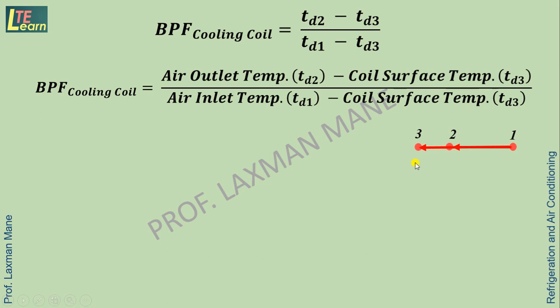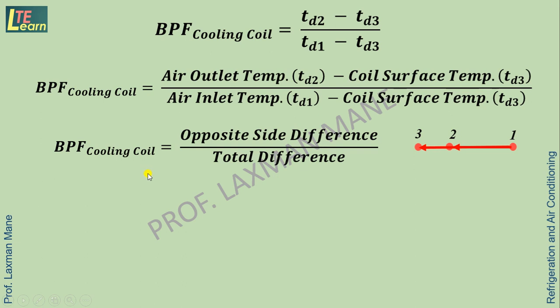For understanding in a simple way, we can use a general formula: bypass factor for cooling coil is equal to the ratio of opposite side difference to total difference. This process is 1 to 3, so the opposite side is 2, 3. So opposite side difference means 2 minus 3 divided by total difference means 1 minus 3. Differences are always taken as higher temperature minus lower temperature.